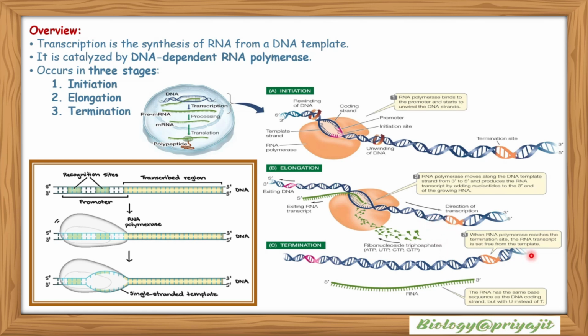And when RNA polymerase reaches the termination site, the RNA transcript is separated from the template, that is the termination process, and the RNA has the same base sequence as the DNA coding strand but with U instead of T. We know that in RNA there is uracil instead of thymine. Thymine is present only in DNA molecules.